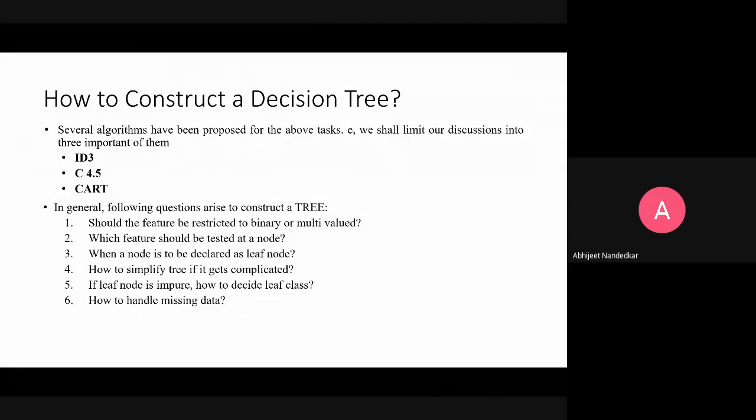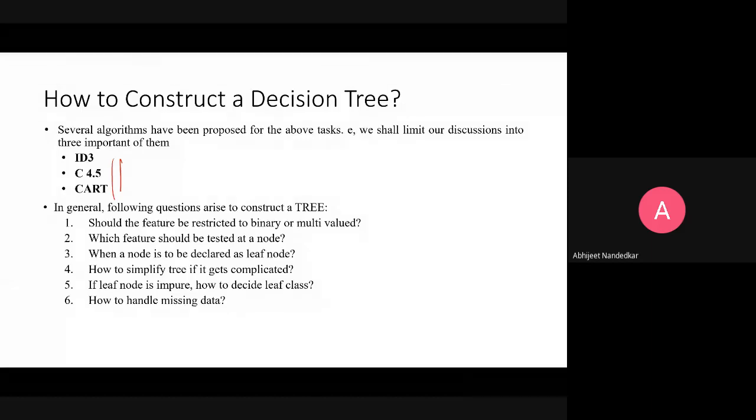In this case we will limit our discussion to these algorithms: ID3, C4.5, CART. In general, the following questions arise to construct a tree.